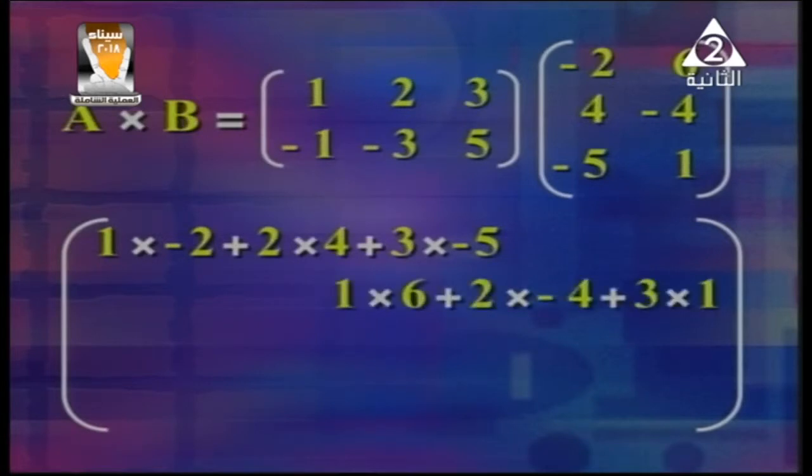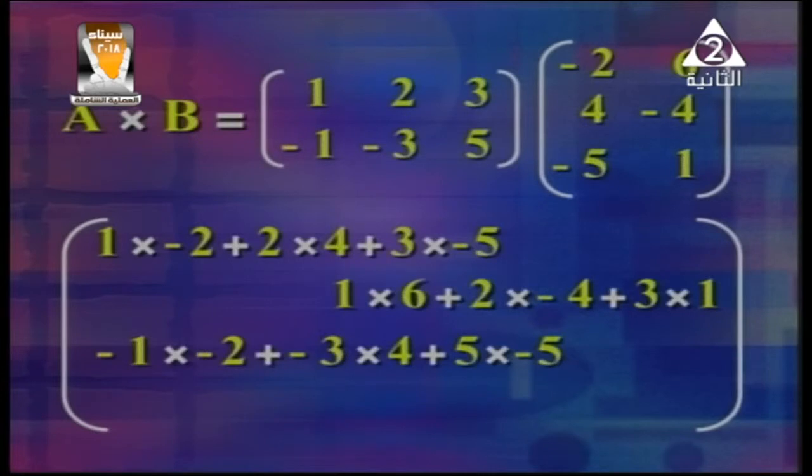This gives the element in the first row, first column. Then the first row by the second column: 1 times 6, 2 times negative 4, 3 times 1.